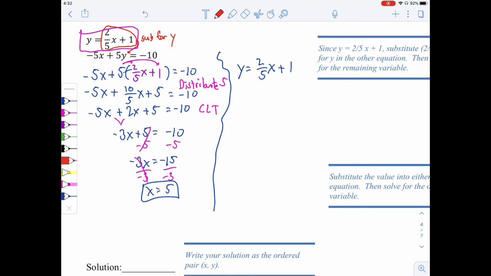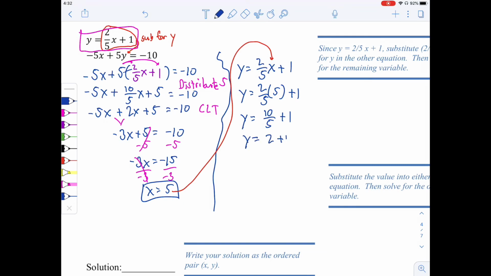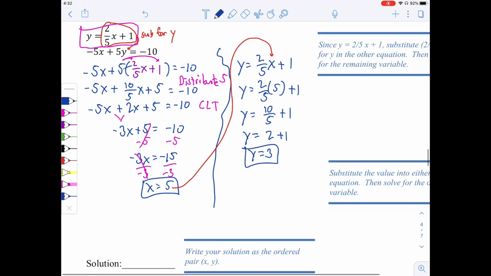And we're going to take this 5 and put it right in there for x. So we get y equals 2 over 5, and then replace that x with 5. So y equals, remember, multiply numerators, 2 times 5, 10. Bottom stays the same. Plus 1, so y equals 2 plus 1, which is 3. So we know that x is 5, y is 3. And that's our solution, 5, comma 3.